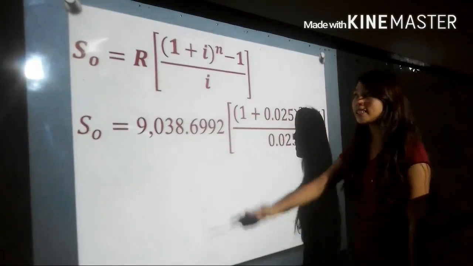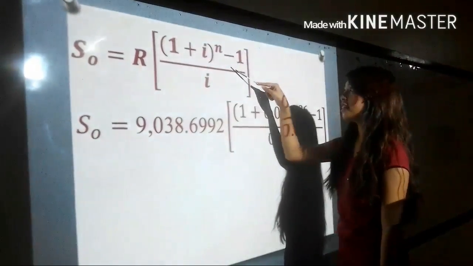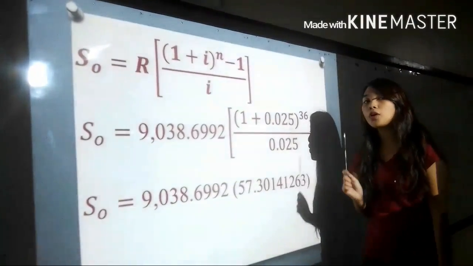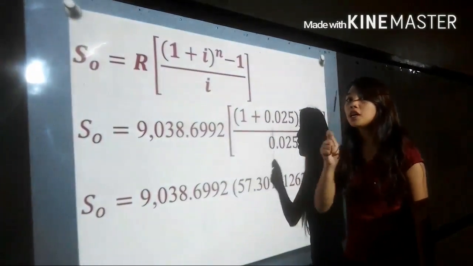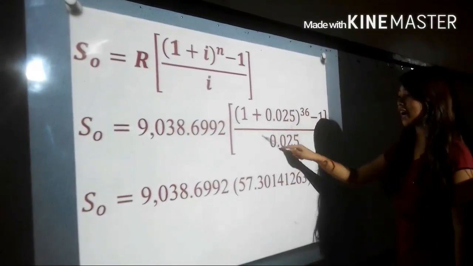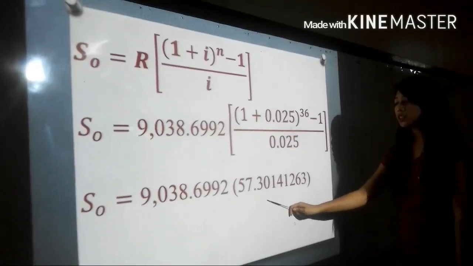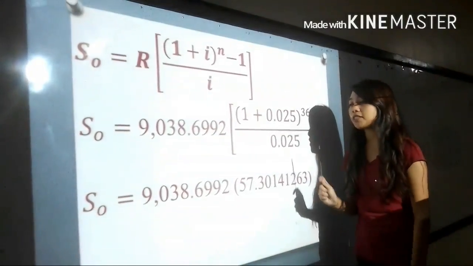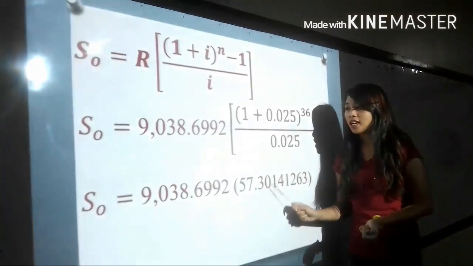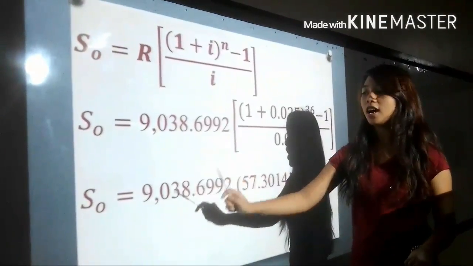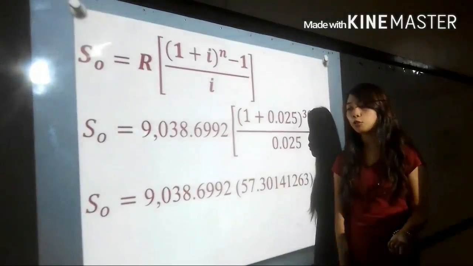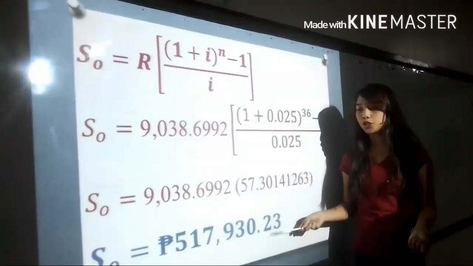As I said earlier, the 1 and the negative 1 are already given. To make it easier, you should solve this one first, and you will derive this solution. Then you will multiply it by the periodic payment, 9,038.6992, and you will come up with this solution.